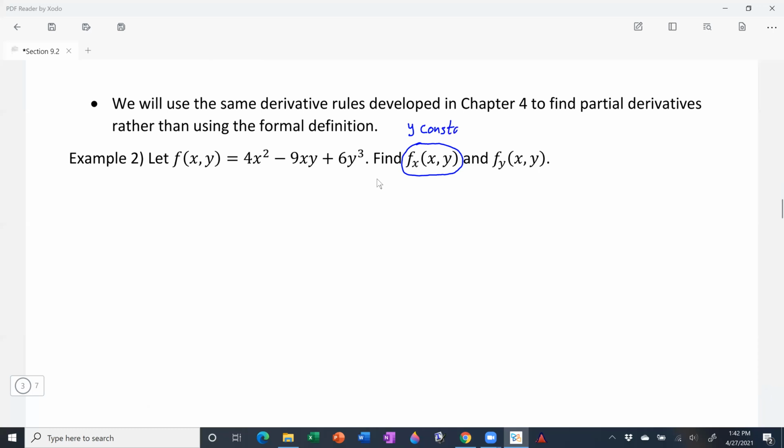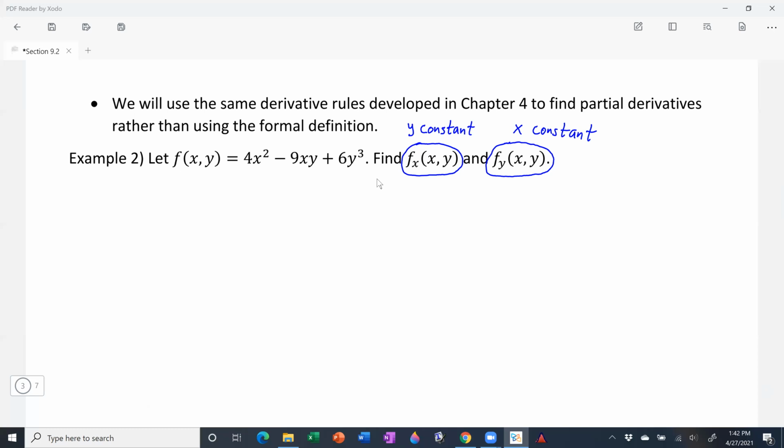And by constant, we just mean it's some number, like a 3. And then for this one, when we're doing the derivative with respect to y, we want to assume that x is constant. So we're pretty much just focusing our efforts on one of the variables and treating the other one as if it's a constant.